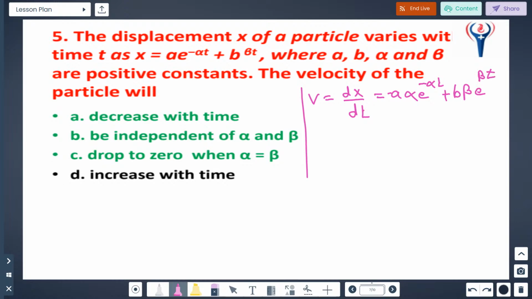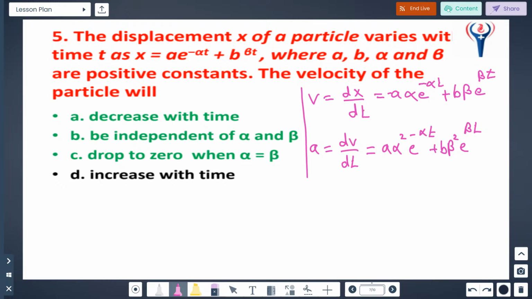Now the question is whether the velocity of the particle will increase with time, decrease with time, be independent of alpha and beta, or drop to 0. That one we want to check. So differentiate again. Acceleration a = dv/dt, minus into minus is plus, so aα^2 e^(-αt) plus bβ^2 e^(βt).